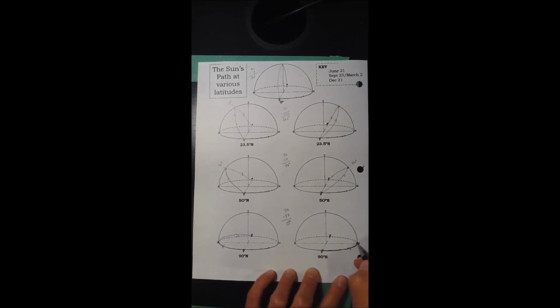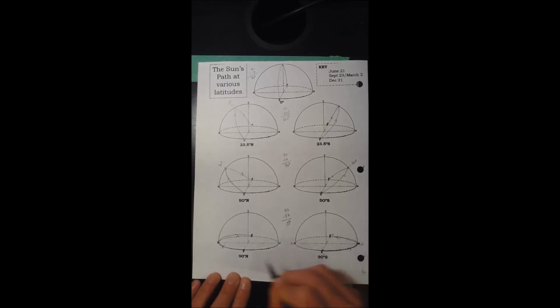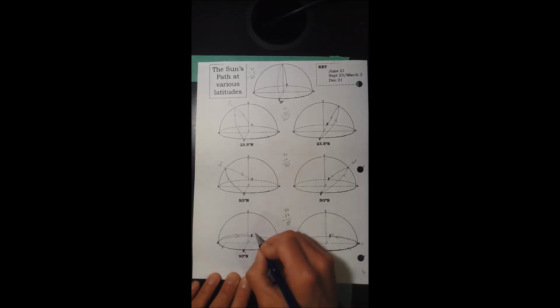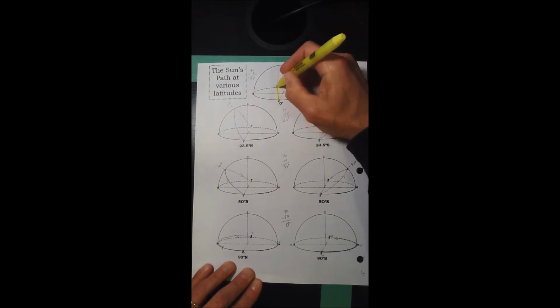Here, it rises to the east and sets to the west, and it would be moving this way. Now, honestly, if this was exactly at the South Pole, every single one of these directions would be north. And if you were at the North Pole, every single one of these directions would be south. Now, to make this a little more obvious, for the equinoxes, I'm going to highlight them in yellow.